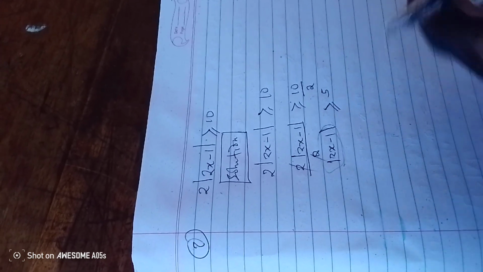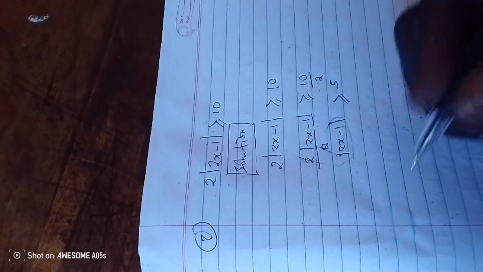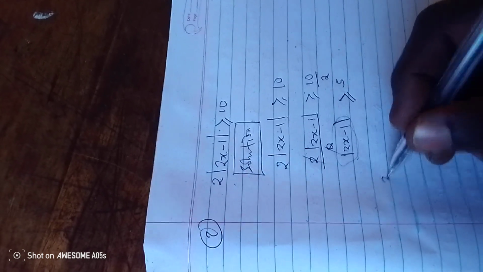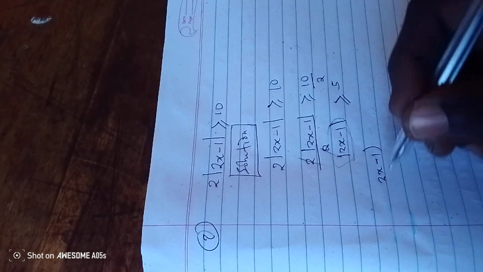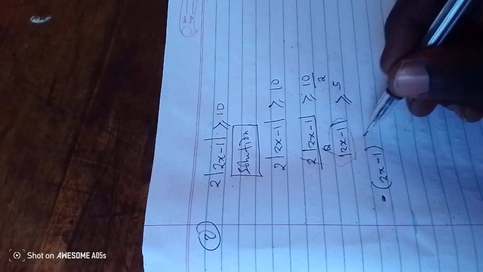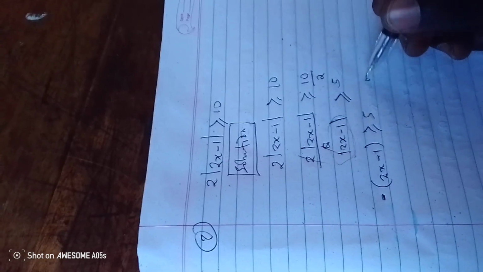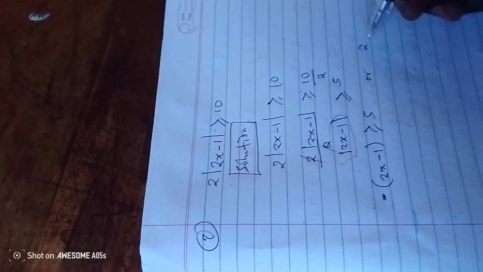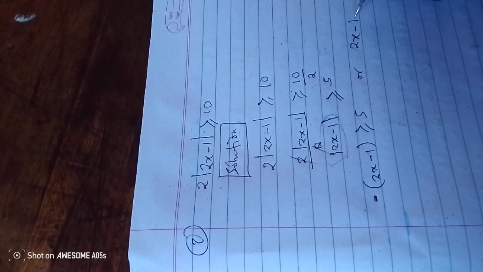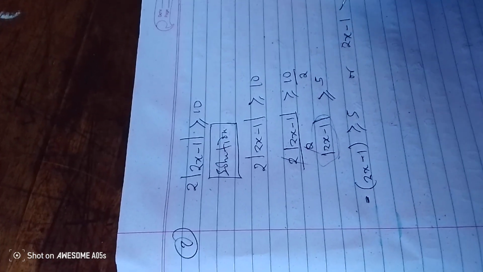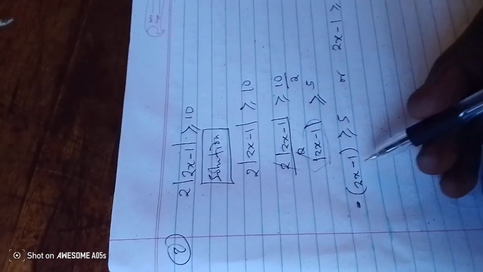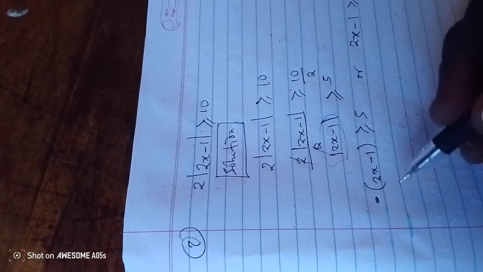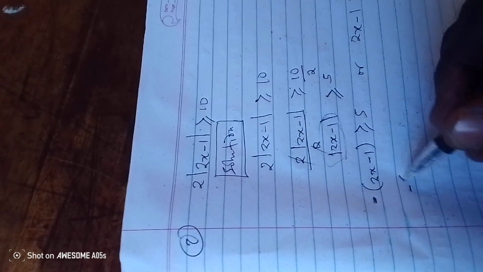So now we can say it has got two values, which is the negative part and the positive part. So it has got the negative part and it has got the positive part. So for the negative part, we will divide by the negative which is there.